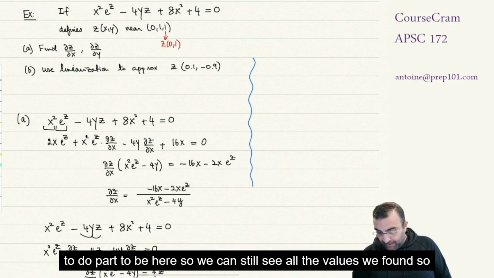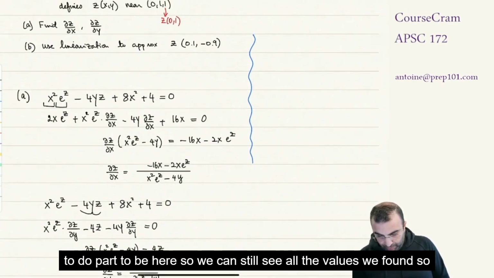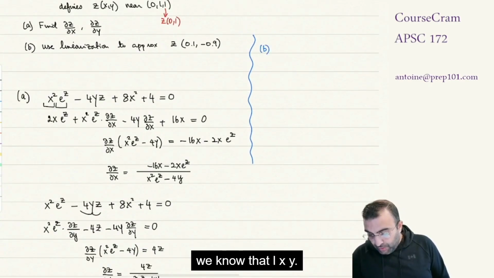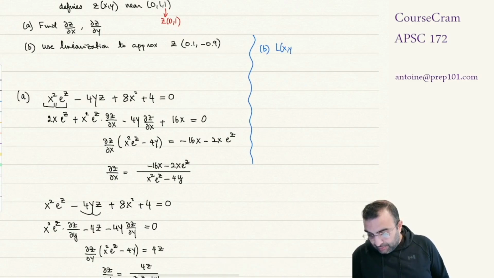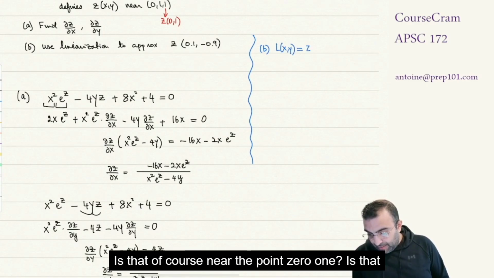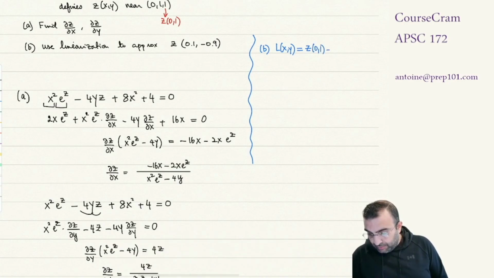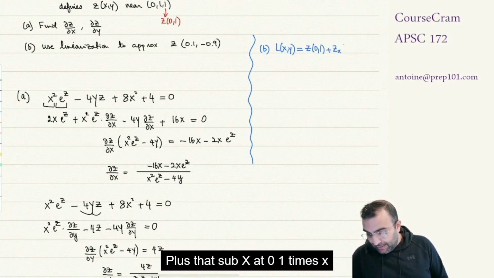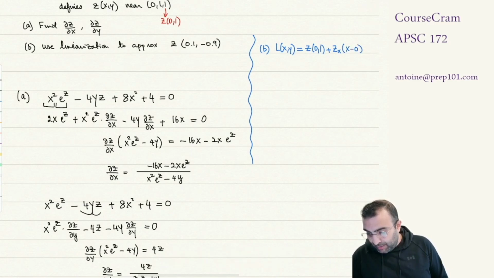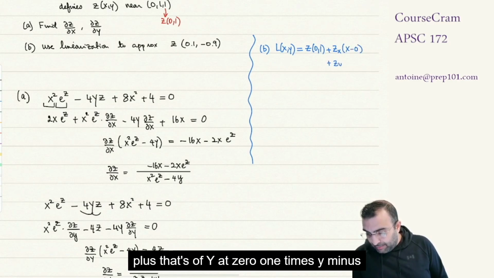I'm going to do part B here so we can still see all the values we found. So we know that L(x, y), of course near the point (0, 1), is z(0, 1) plus z sub x at (0, 1) times (x minus 0) plus z sub y at (0, 1) times (y minus 1).